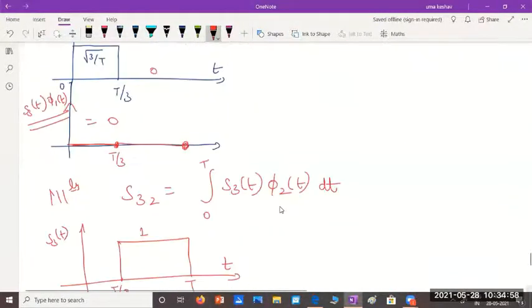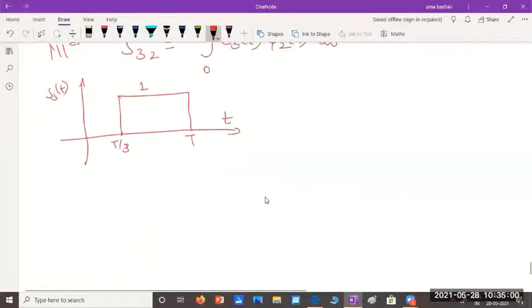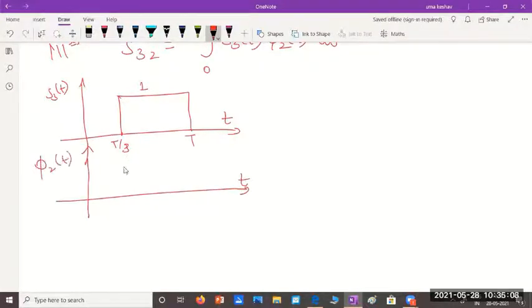So let's write it. Phi 2 between t by 3 to 2t by 3 has the value root 3 by t.